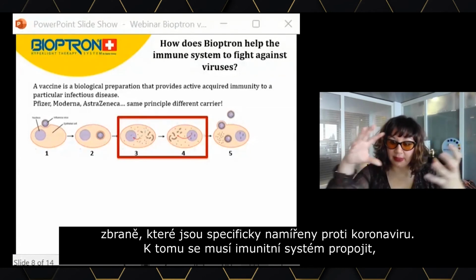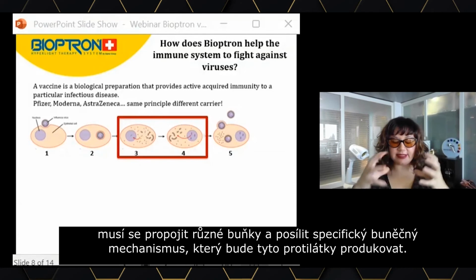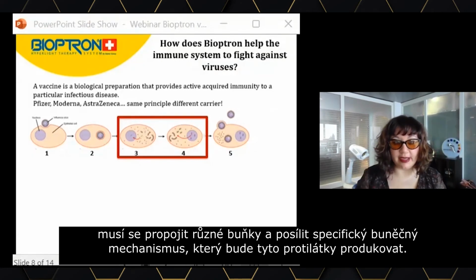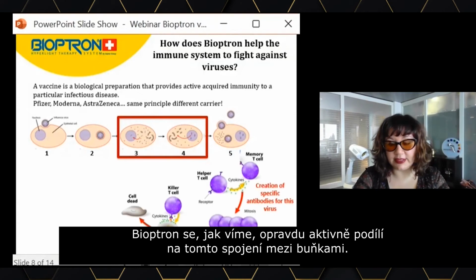For that, the immune system needs different cells to connect and to boost specific cellular mechanisms that will produce these antibodies. So Bioptron, in that case, we know that it's involved very actively in this connection between cells.